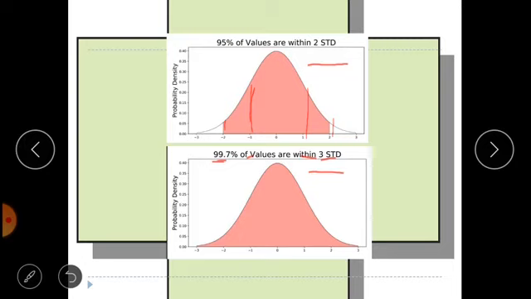Kaya kung mapapansin nyo, class, yung graph is buong-buo na siya. So, ito yung ating 68% kanina, which lies between negative 1 and positive 1. And then, yung 95% natin lies between negative 2 and positive 2. And our 99.7% of values is from negative 3 to positive 3.